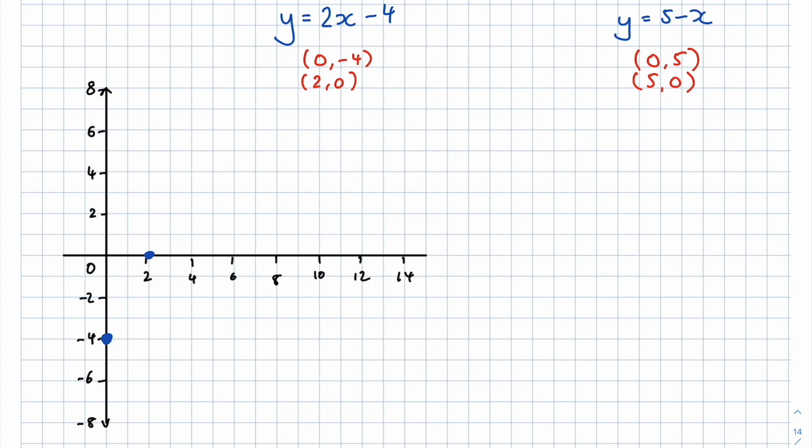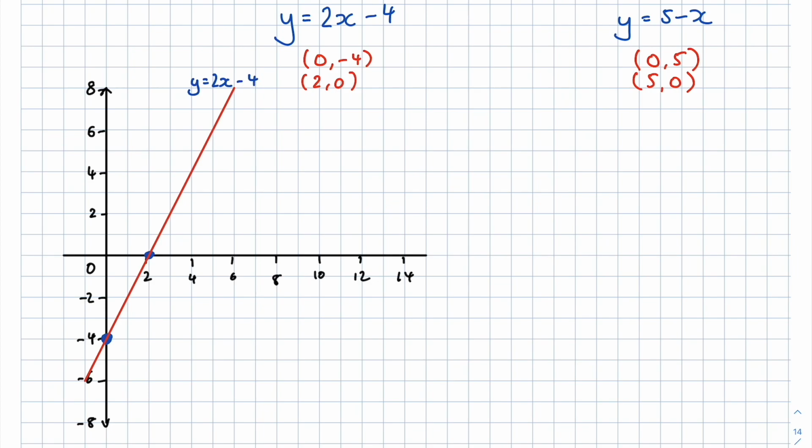Now, using your ruler, you're going to draw a straight line that connects through those 2 points. So the line we've got up here represents y equals 2x minus 4.